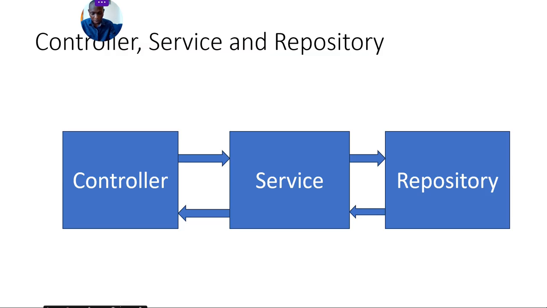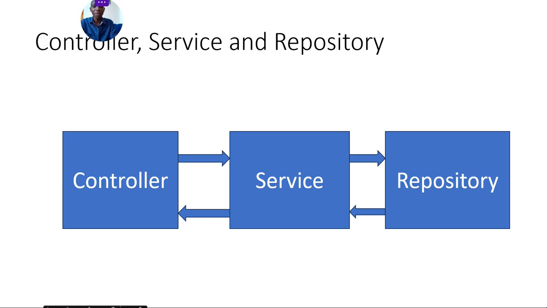Once the service layer gets the data, it returns control to the controller layer, which supplies that information to the end user, which may be a client on the web application.